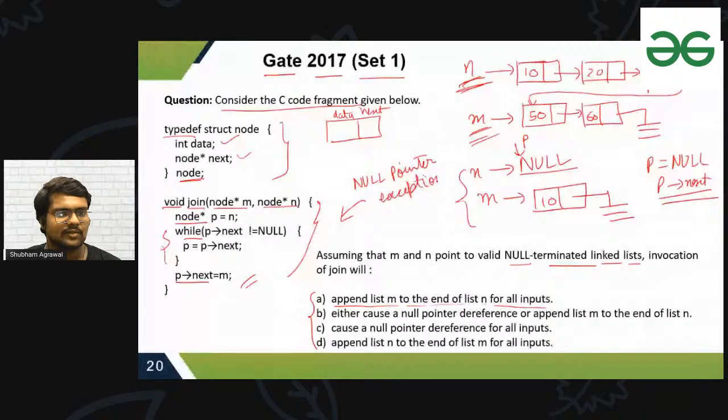For some inputs it is giving the correct output, but for some inputs it is giving a null pointer exception. The correct option should be either cause a null pointer dereference or append list m to the end of list n. So the correct answer is B. This is true, but for some inputs, and this is also true for some inputs. This is totally wrong. So the correct option is B.